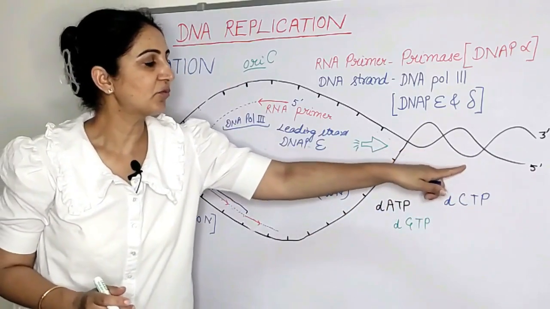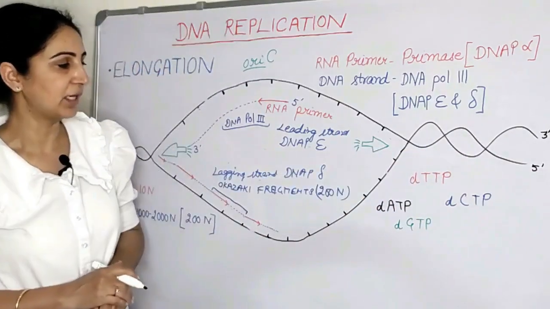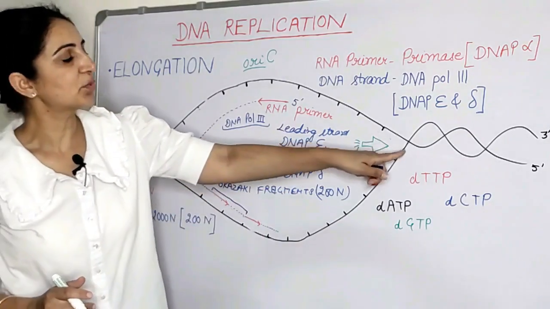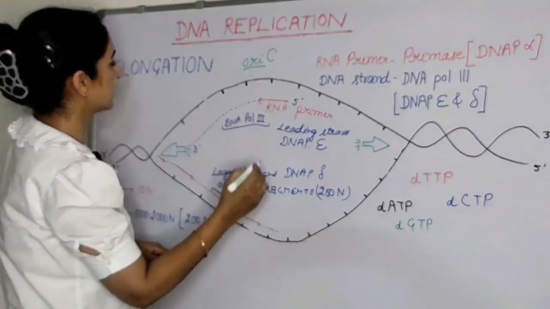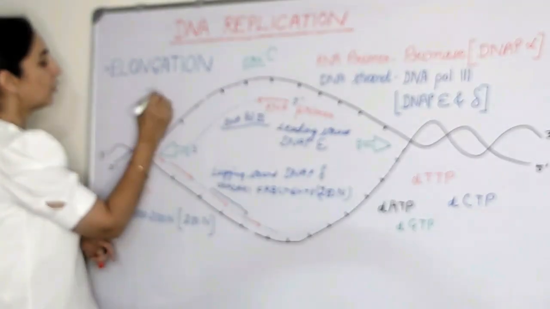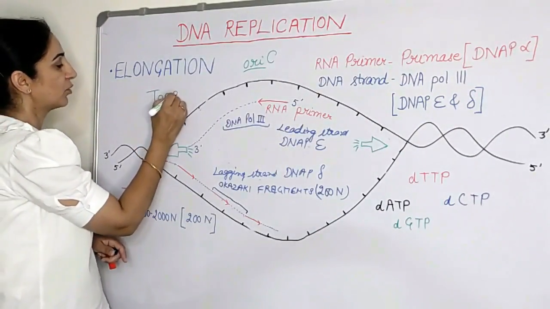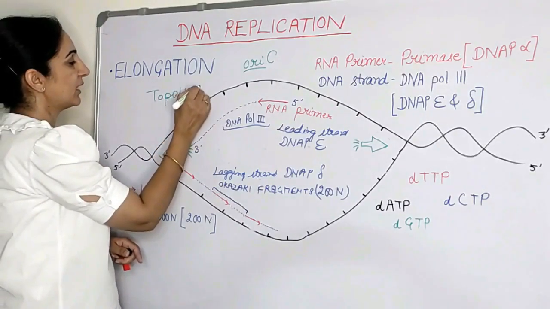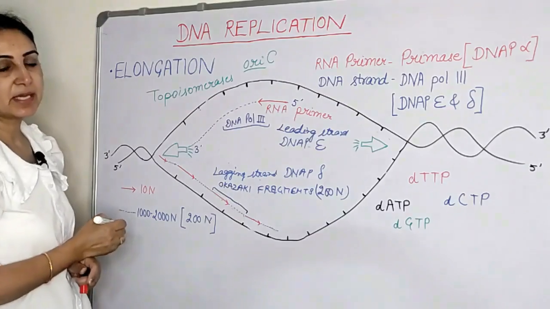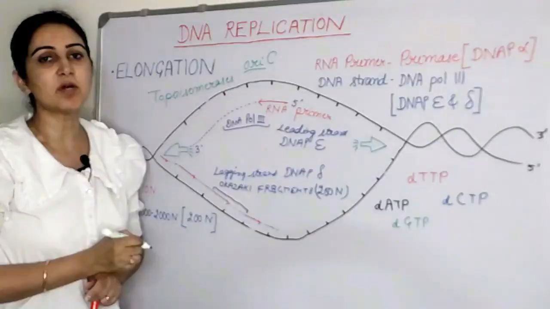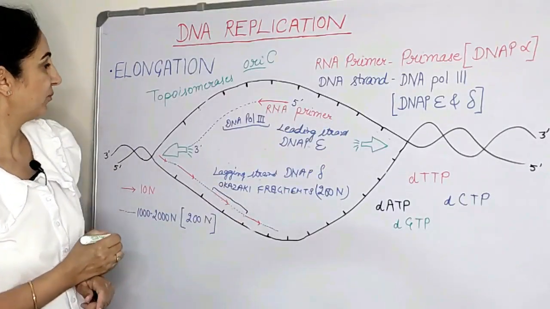Such kinds of coils are called supercoiling. So this problem of supercoiling of DNA is solved by enzymes called topoisomerases. These topoisomerases change the topology of the DNA molecule.